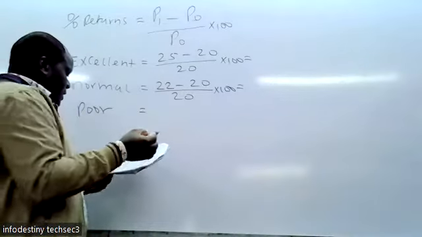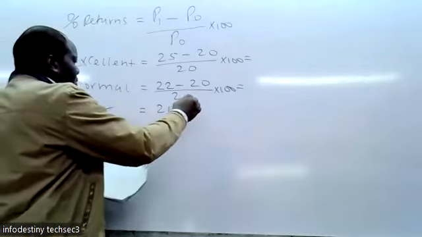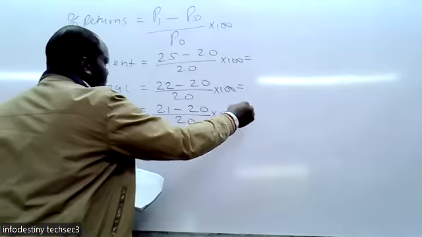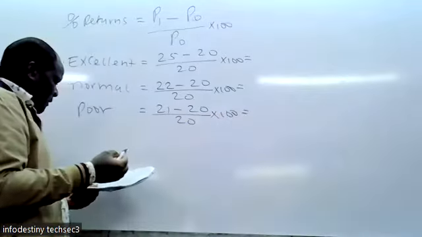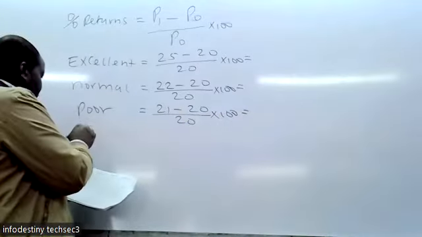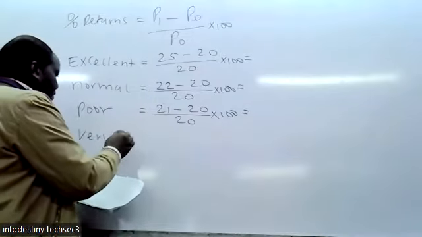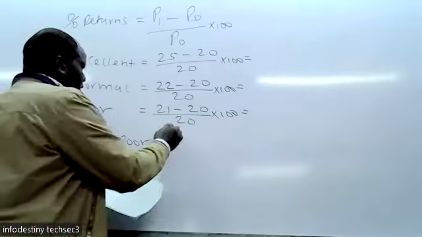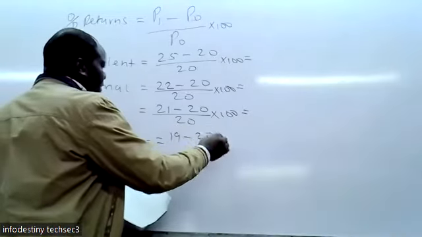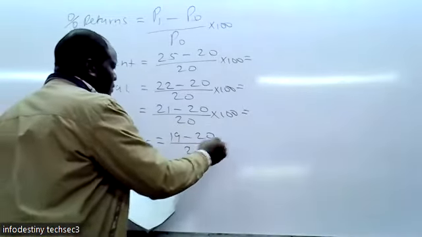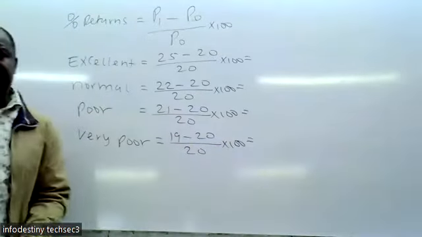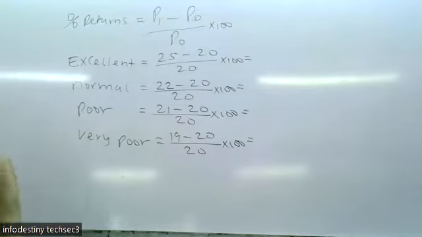So for poor, it is 21 minus 20, divide by 20, you express it as a percentage. The next one is very poor. So very poor, it is 19, also minus 20, also divide by 20. Then we express them as percentages.